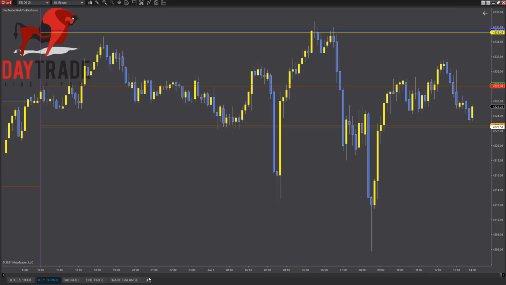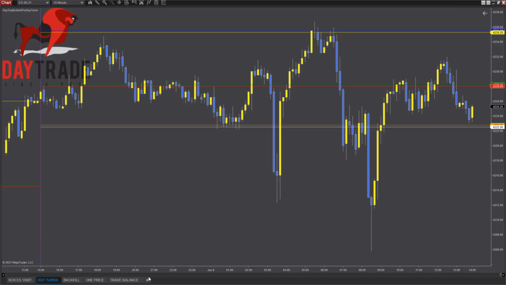It's very difficult. So there's DOP, which stood for direction of price. And then you have key turns, which took out all the ambiguity and just said, above this price, you want to be a buyer, and below this price, you want to be a seller.